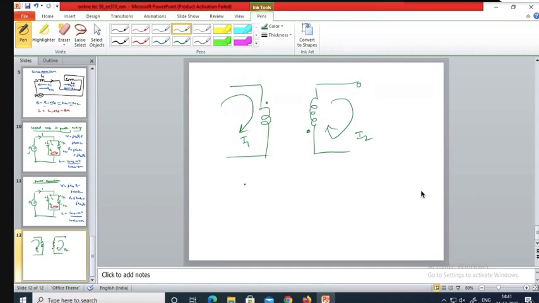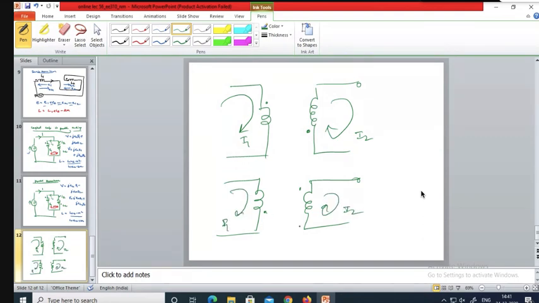For example, if I change like this, what might happen here? Here this is I1 and here this is I2. The currents are leaving the dots here, I1 and I2, the current here is also leaving the dot.